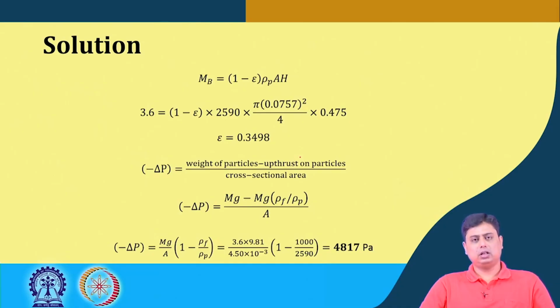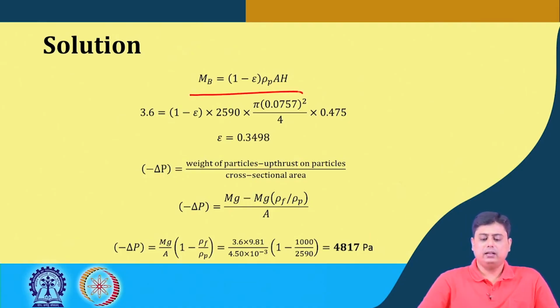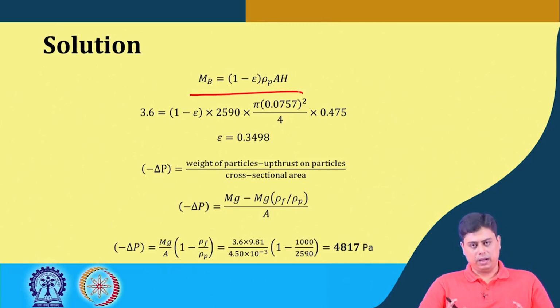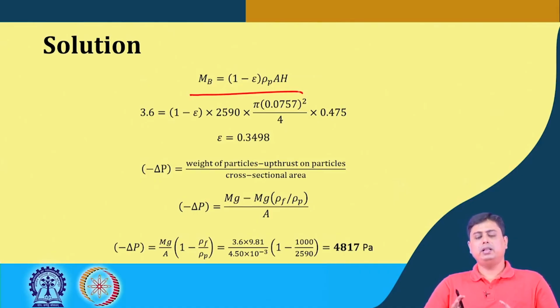The mass of the bed, or the weight of the bed, is given, and that is the solid fraction multiplied by the overall bed volume multiplied by the particle density.